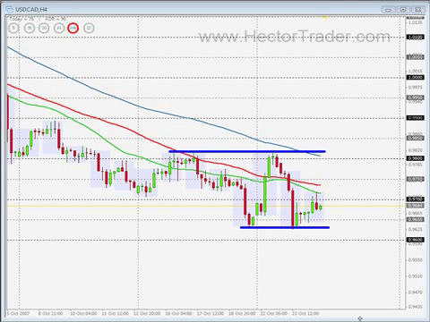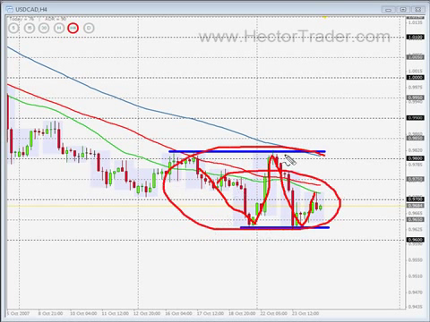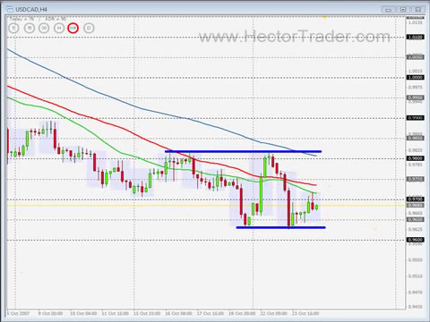But just as in the previous setup, price is still bouncing down, up, down, now a little bit up, basically moving within this consolidation area until either one of these two levels gives way. Well, it's waiting time once again, nothing you can do about it.